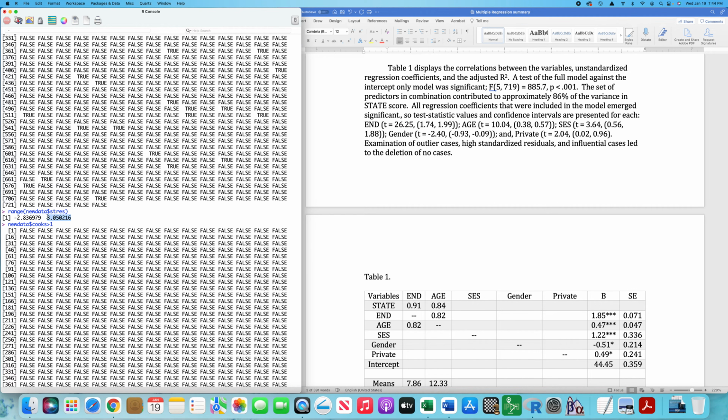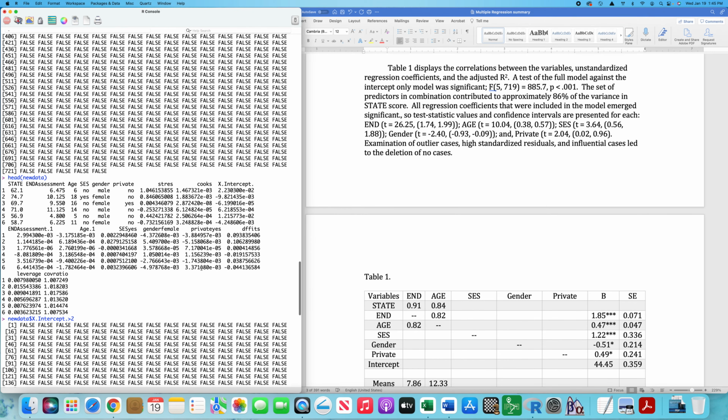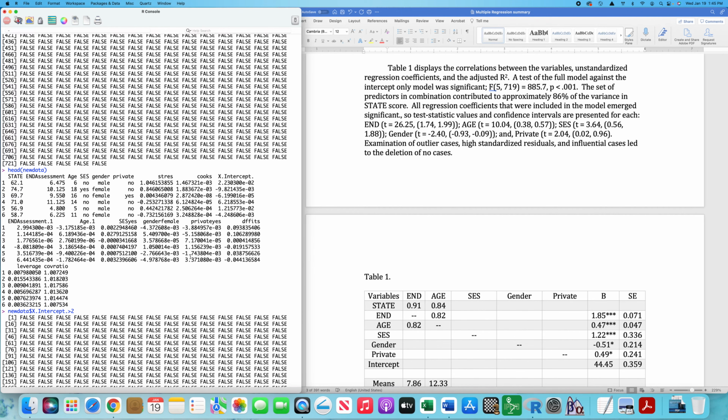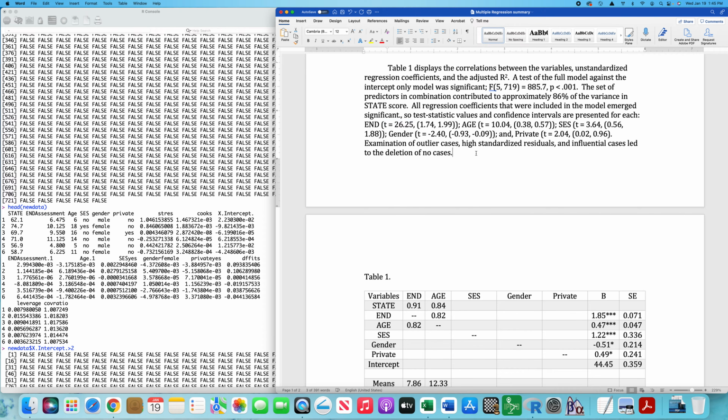I would strongly consider finding the cases that were above 3 and possibly deleting them. But when I ran all the other things, nothing else really showed up as a concern. My DFBetas, my DFFits, my Cook's distance, everything turned out to be within a reasonable threshold. So I didn't delete any cases due to outliers, high standardized residuals, or influential cases.